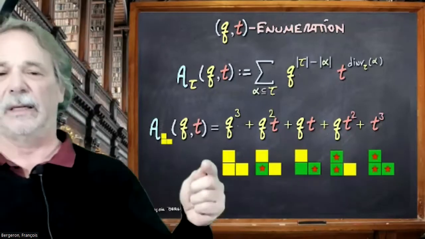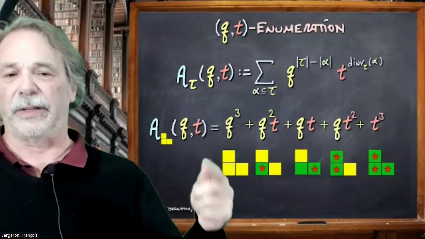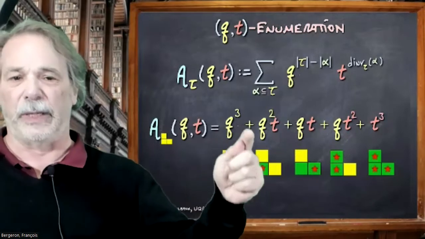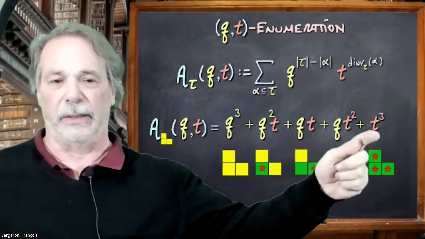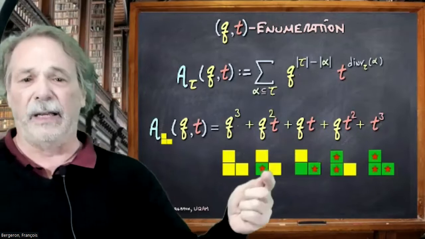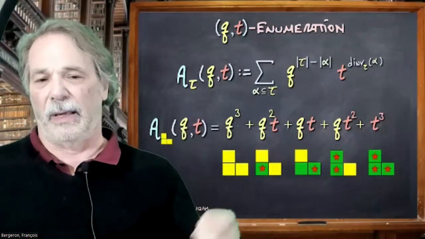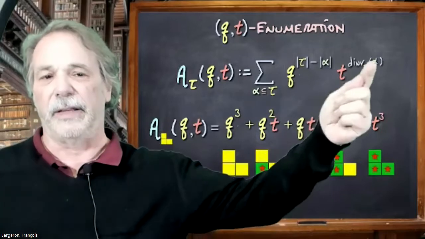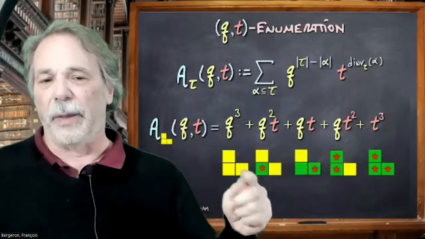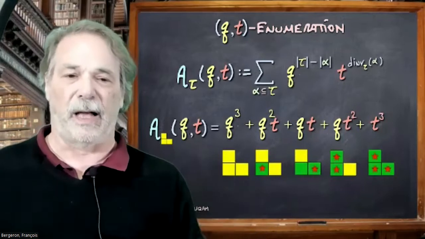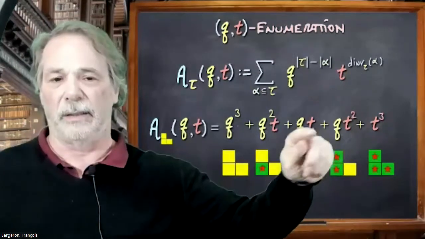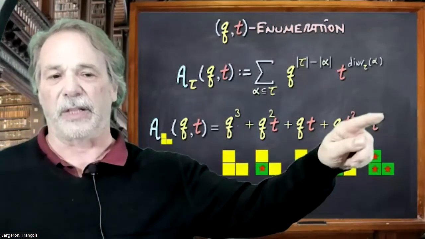And then q is counting the yellow. So q^3, q^2, q, q, and nothing. And then t is counting some of the green cells. That's the dim statistic. And the number of these special cells is the exponent of t.